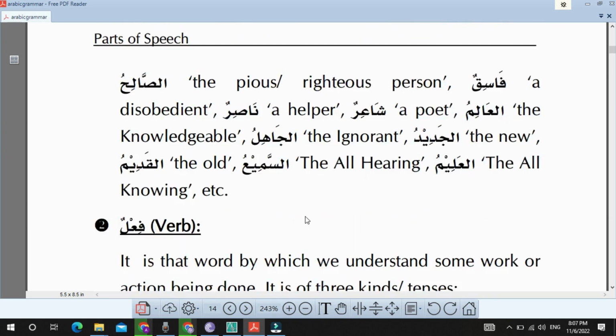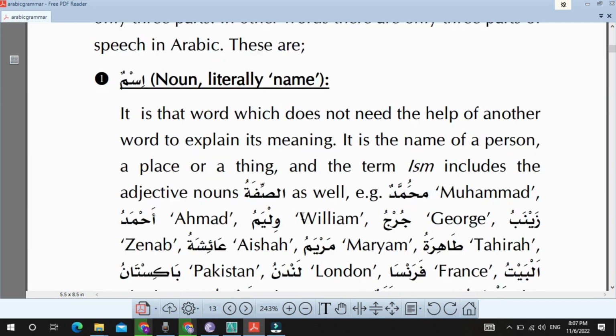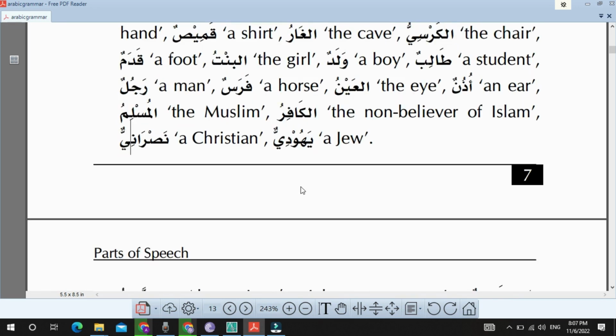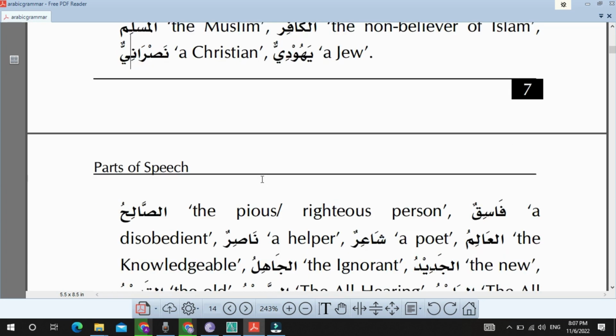These are all examples of the ism. We will explain the ism in detail in our coming lectures, and we will divide the ism into different categories.